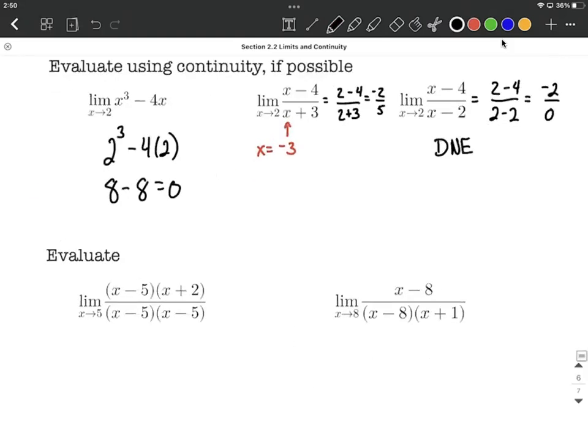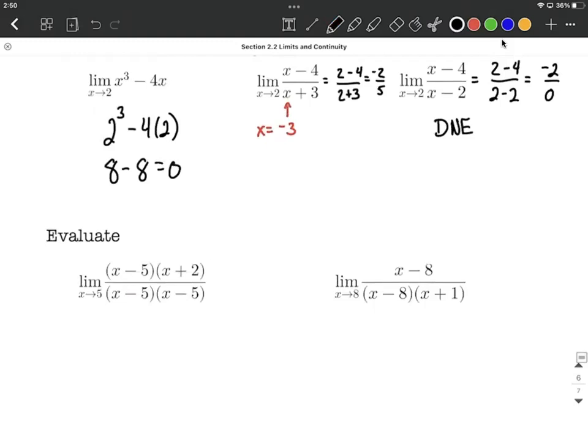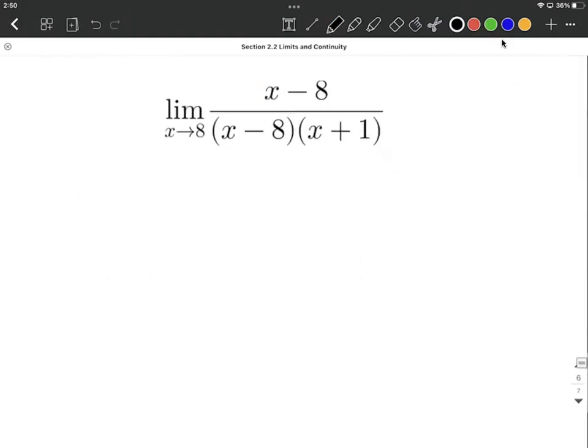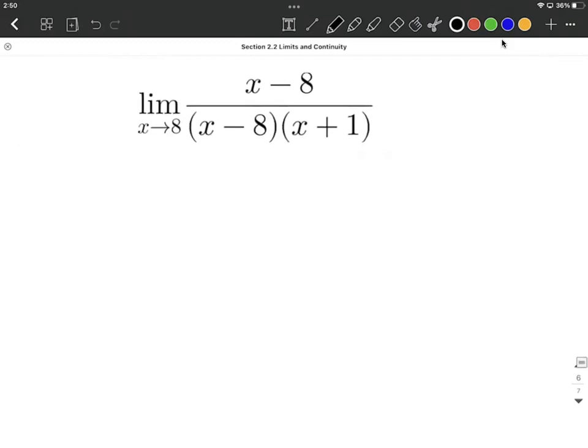However, there are some other cases here where we're going to be able to actually try to evaluate first by plugging in that value of x that we're getting close to, but sometimes we can deal with it in different ways. Let's take a look at this one. The limit as x approaches 8 of x minus 8 over the factored form here, quantity x minus 8 times x plus 1.